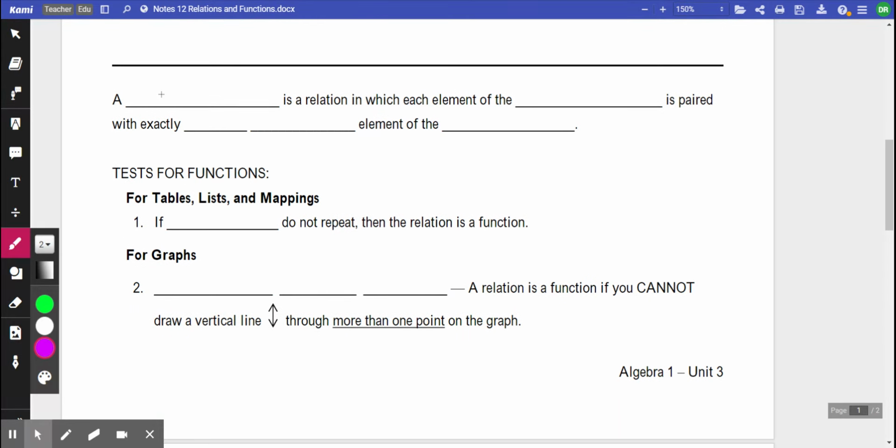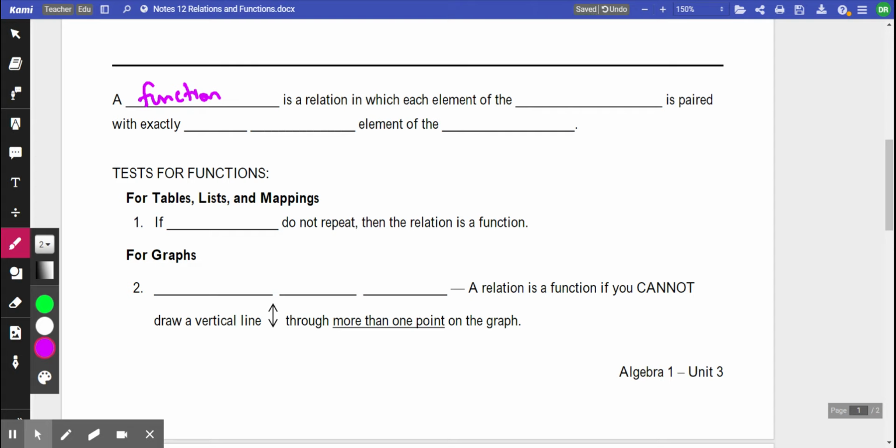All right, now that we know what a relation is, which again is just a list of ordered pairs, a function, so some relations are going to be functions. All functions are relations.